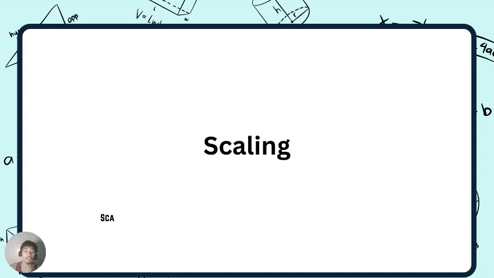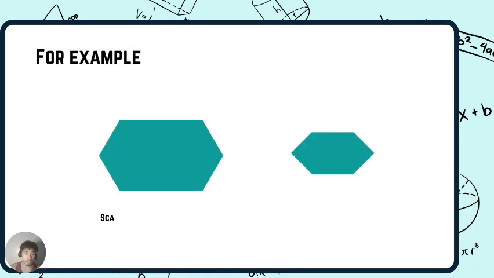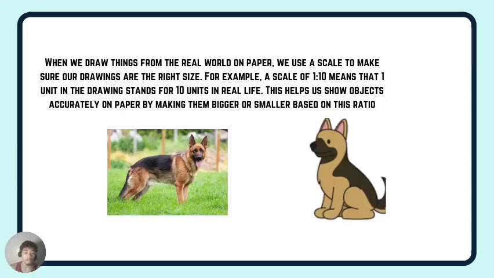When we scale figures, they are known as similar figures. So let's take for example these figures, where larger figures are shrinking, turning into small ones.